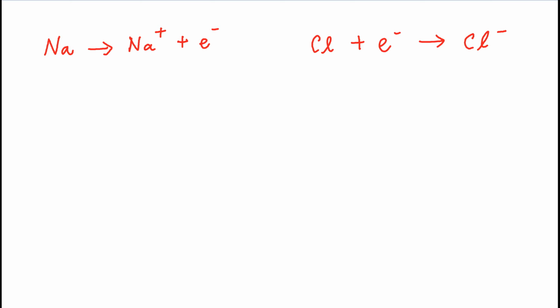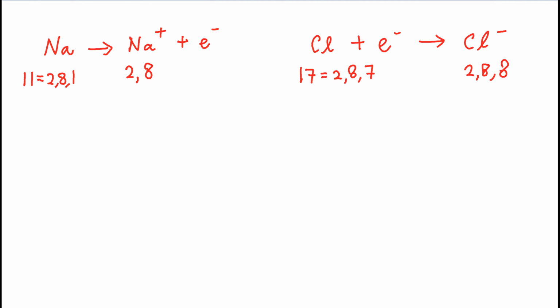In the case of sodium, the proton number is 11 and the electronic structure is 2, 8, 1. But when sodium becomes an ion and loses an electron, the sodium ion now has an electronic structure of 2, 8. In the case of chlorine, it has a proton number of 17. The original electronic structure is 2, 8, 7. By receiving an extra electron, the chloride ion now has an electronic structure of 2, 8, 8.